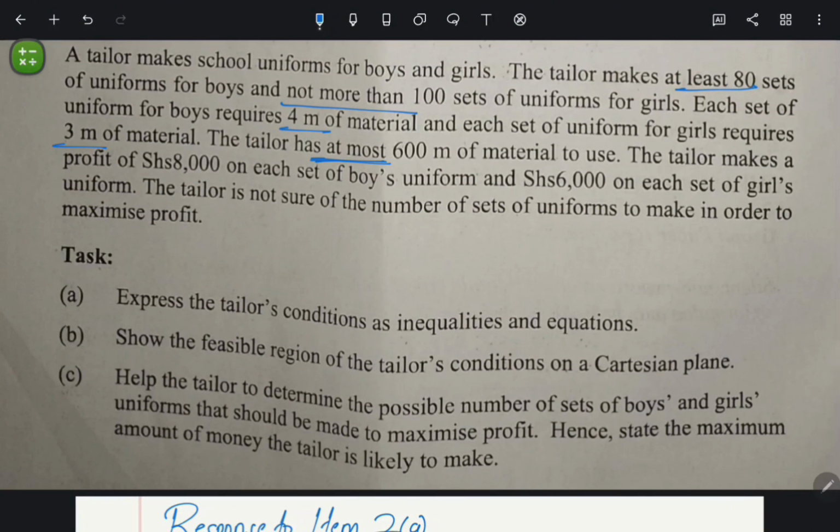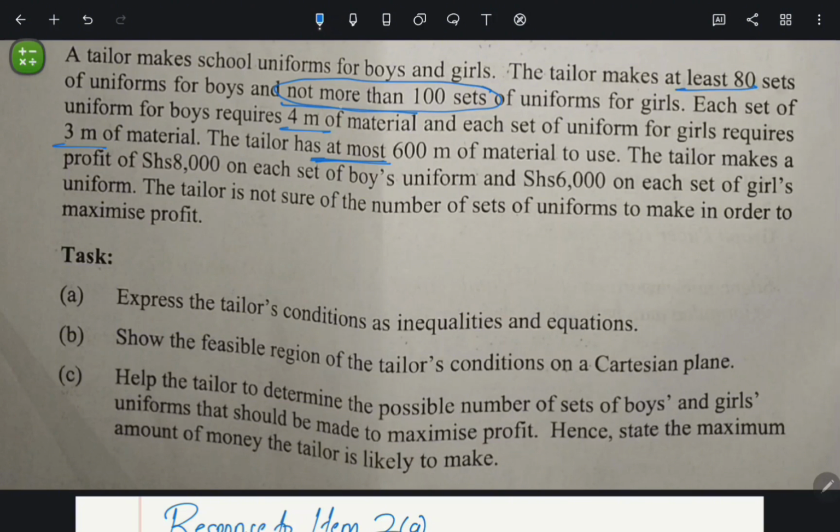And when you go back to the question, they are telling us that the tailor does not make more than 100 sets of uniform for girls. So what are we seeing here? Not more than 100 sets of uniforms. And what does not more than mean? It means that she does not exceed 100. So she can either make 100 or below 100.